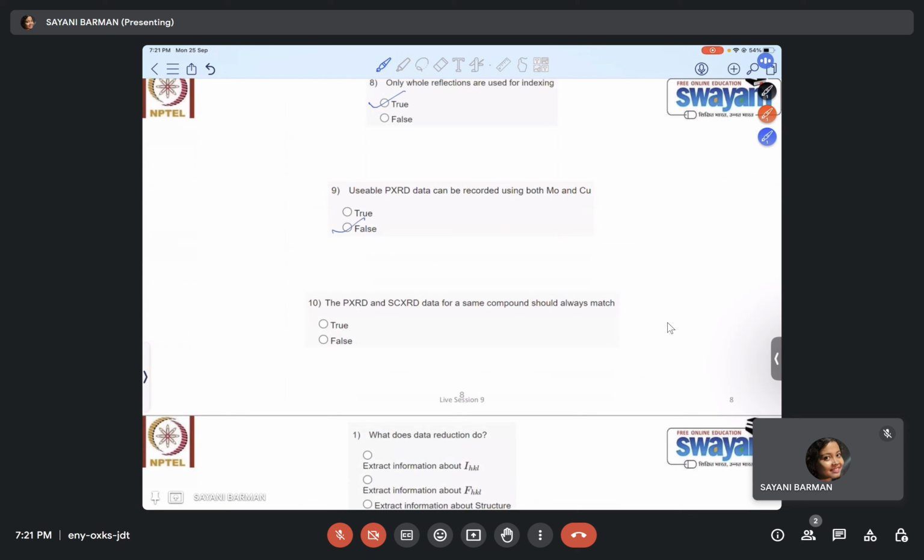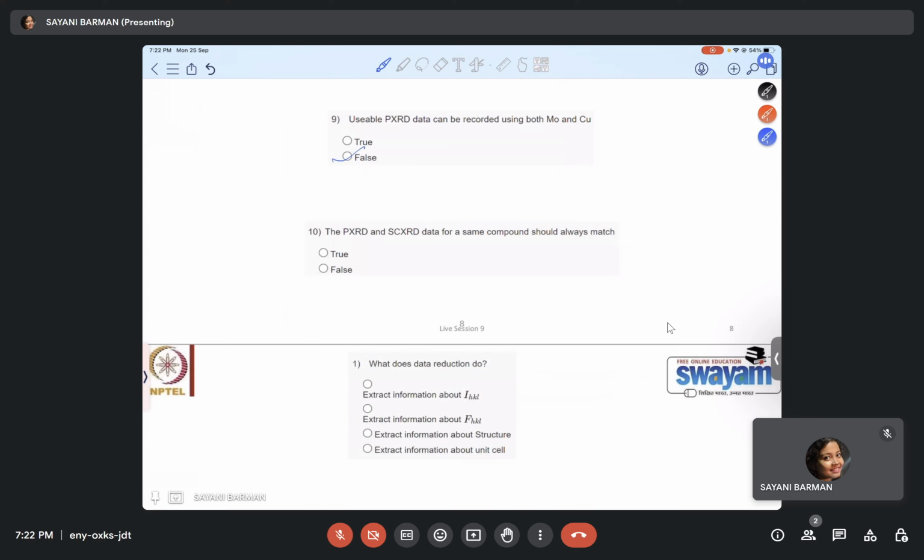And from the zip file, when we synthesized the powder sample and collected the PXRD data, we match the PXRD data, means our experimental data, with the zip file one. So that you can use it as a standard. Otherwise, how would you tell that the same compound has formed? So it will be true.